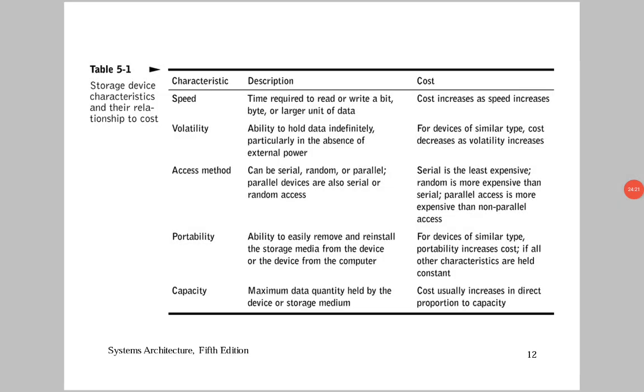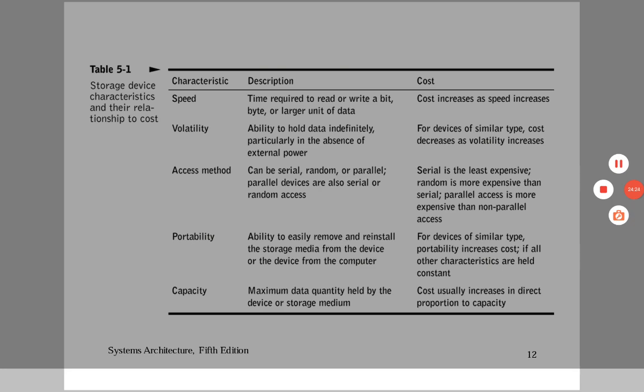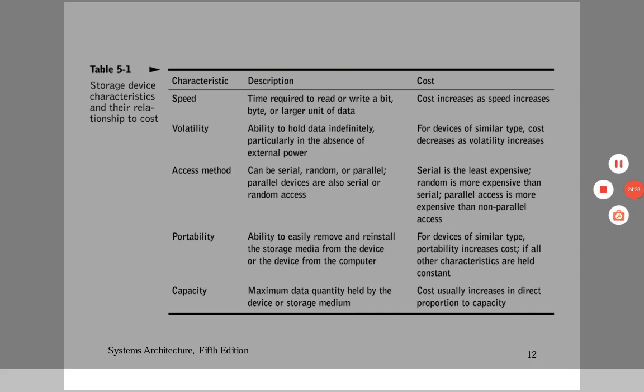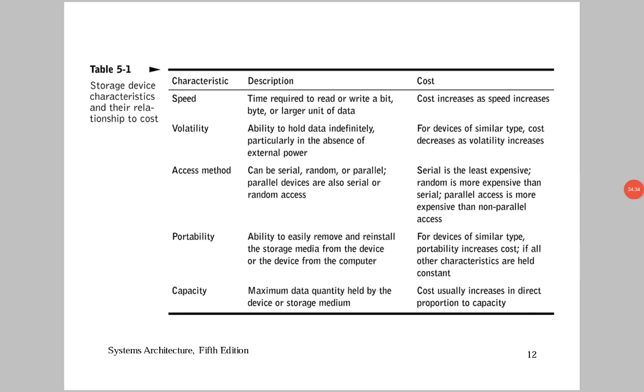Next is volatility. What is volatility? Is the storage type temporary or permanent? Generally, if the storage type is temporary, like RAM, it is very high cost memory, and if it is a similar or smaller type, the cost reduces.